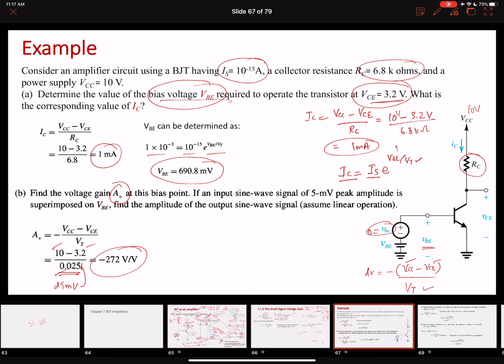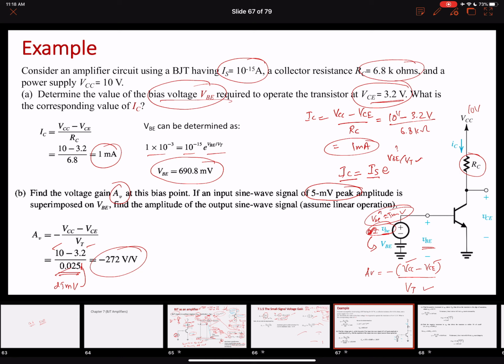All right. Now the next part of this question: if we have an input sine wave of 5 millivolts peak amplitude superimposed on the biasing voltage VBE, what will be the amplitude of the output signal? Rather than VBE being 0, the peak value of VBE is 5 millivolts. If this is the peak value of the time-varying signal superimposed on VBE, what will be the amplified version at the output?